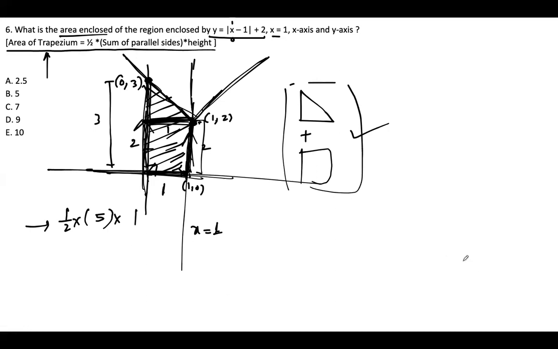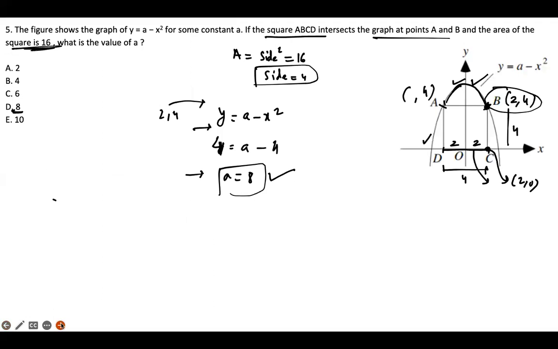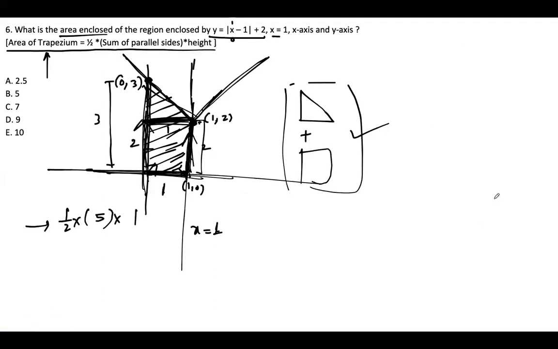Any doubts on this? Sorry, could you just explain how you got the figure to begin with? Tell me specifically where your doubt is. If I'm substituting the values of x in that equation, y equals to mod of x minus 1 plus 2.